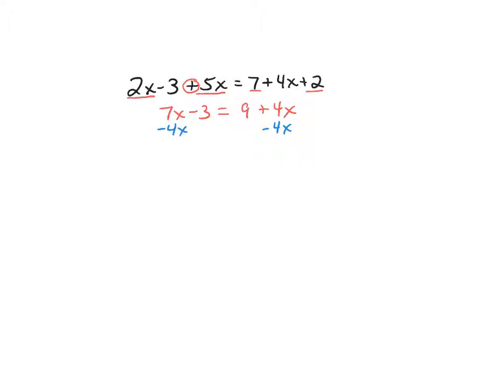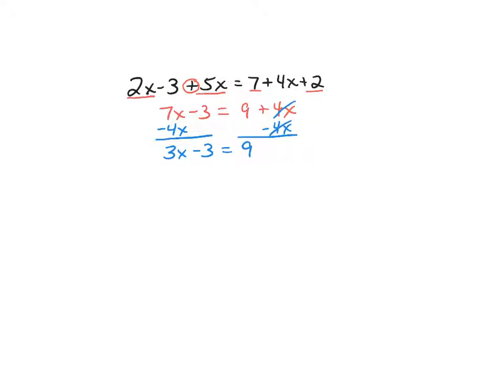I always work on subtracting the smallest number that I have associated with the x, the 4x, from both sides. And the reason I do that is because then I'm going to have a positive number in front of that x. So I have 3x subtract 3 is equal to just 9, because the plus 4x minus 4x cancels out.